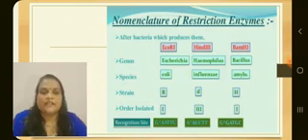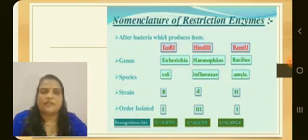The next two letters indicate the species of bacterium from which the enzymes are isolated. In EcoR1, co indicates the species. The next letter indicates the strain of the bacterium from which the enzymes are isolated. In EcoR1, R indicates the strain.